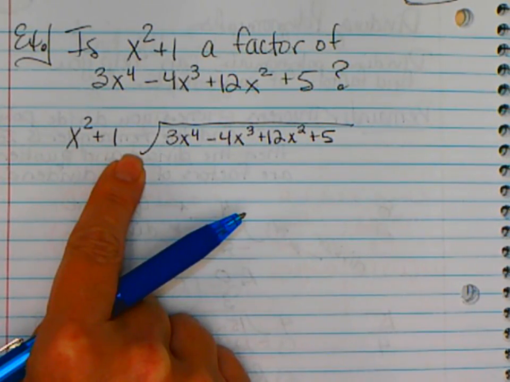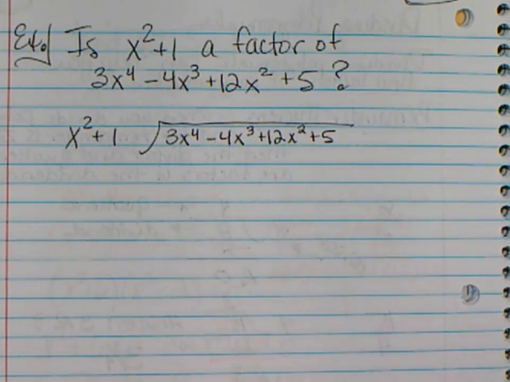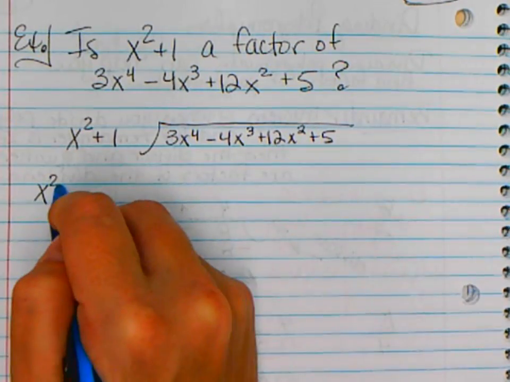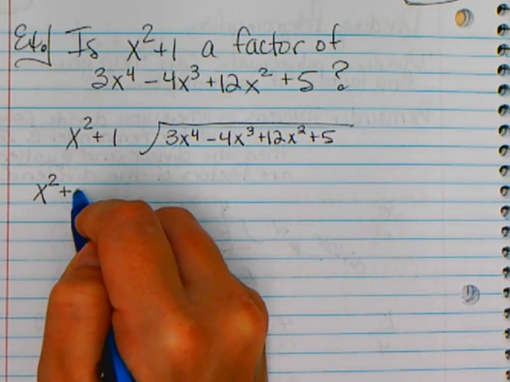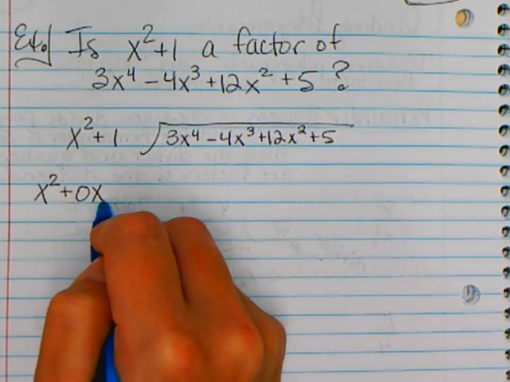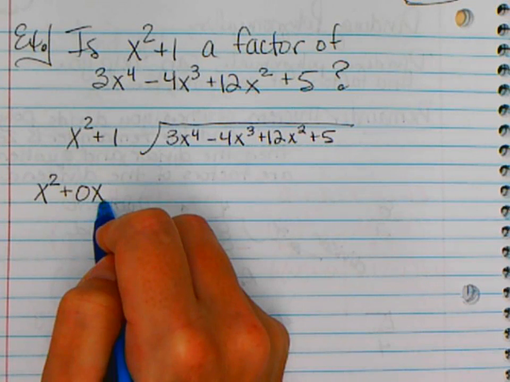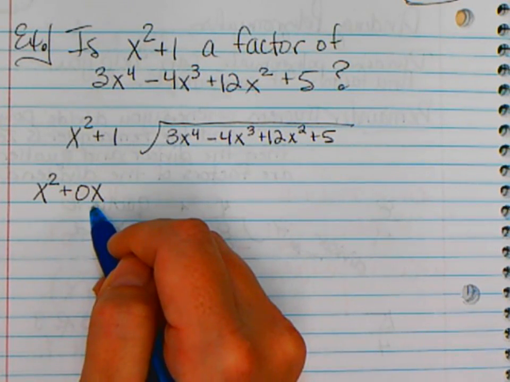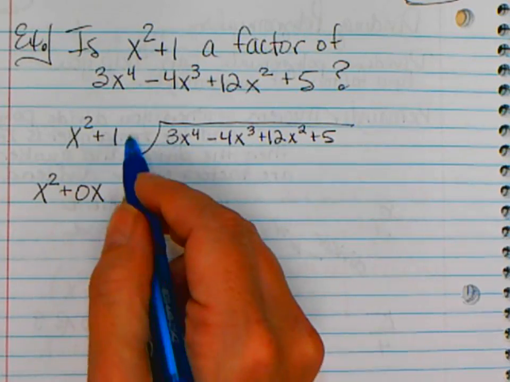Can I do that? No, I need to have 2, 1, 0. So in the divisor, I'll put x squared. A linear term, I can just put 0, but I like to put 0x. Don't just put x, because you're changing the problem when you add x in. But isn't 0x mean 0 times x, which is the same thing as 0? So it changed the meaning, right? And then don't forget your plus 1.